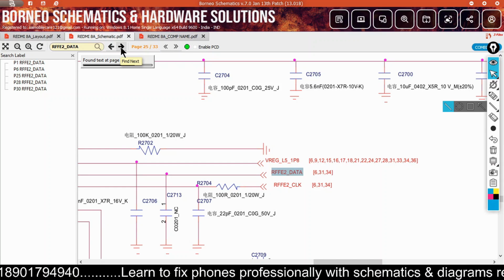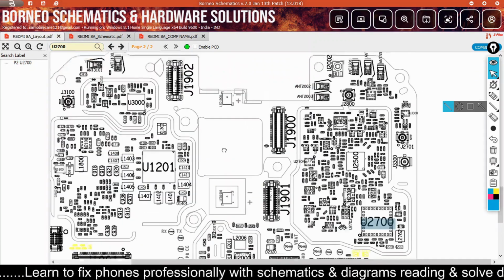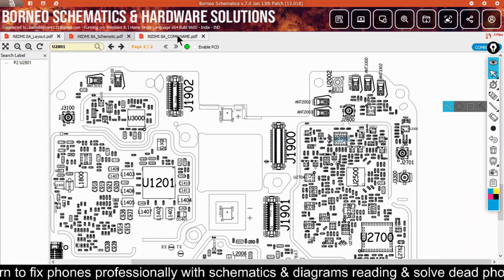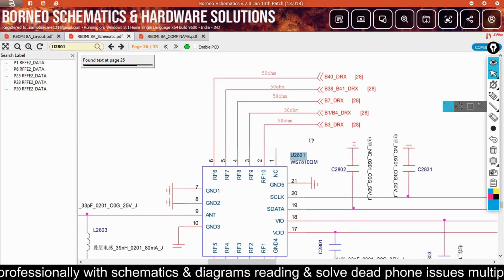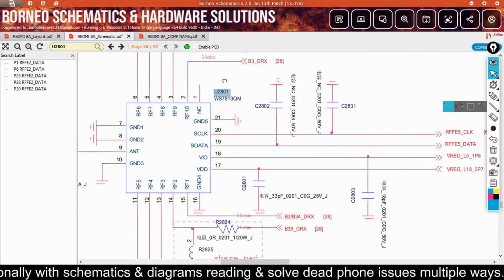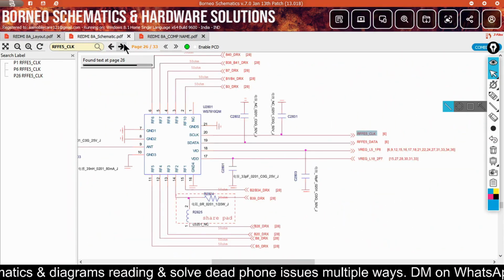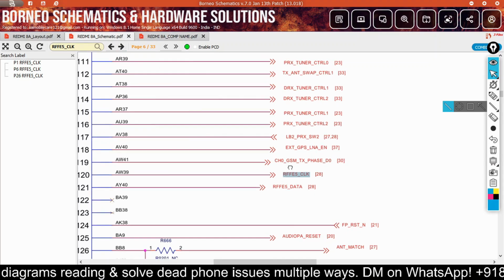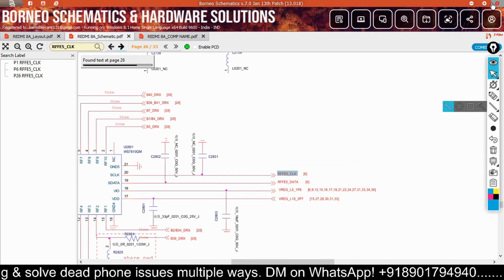Okay. Now we go to the layout and the DRX IC. Right here. There are RFFE lines, and in this one they connect directly to the GPIO section. Clear?